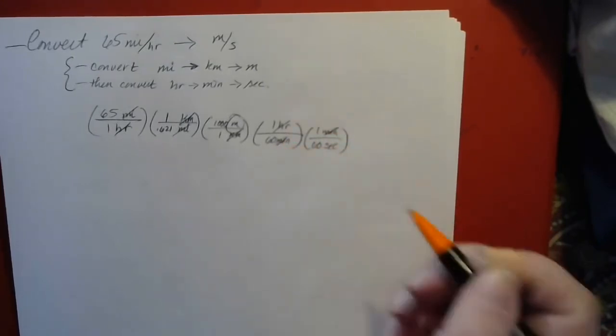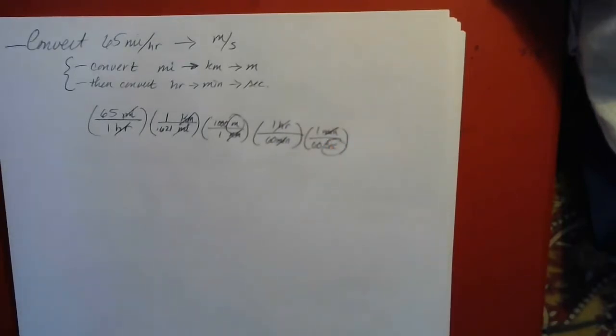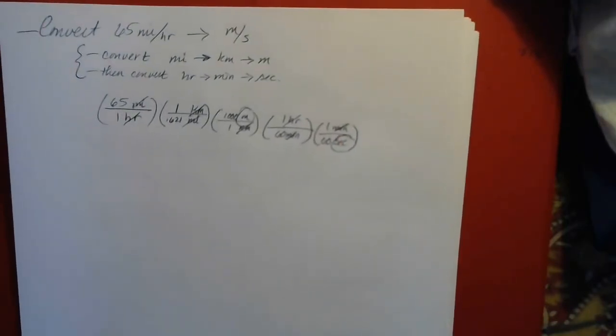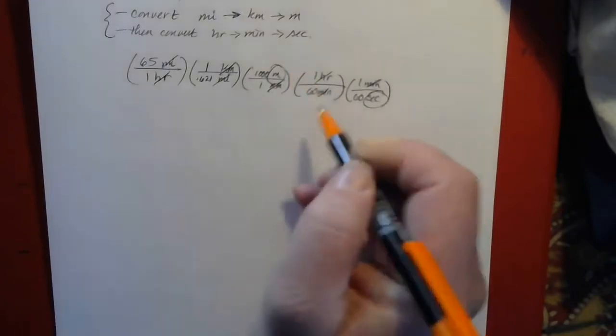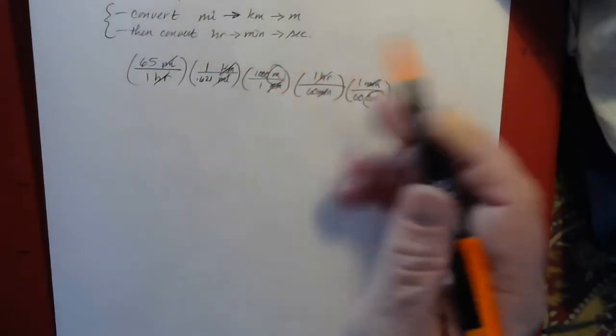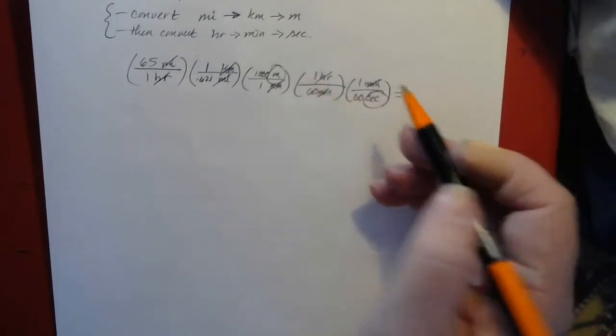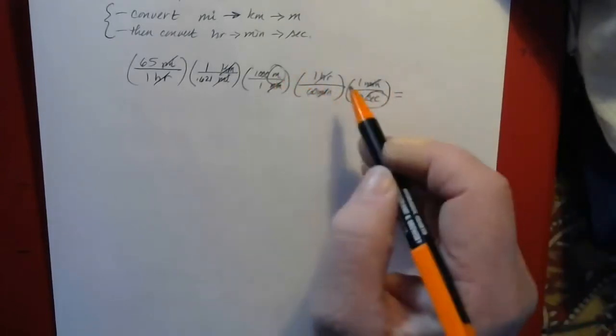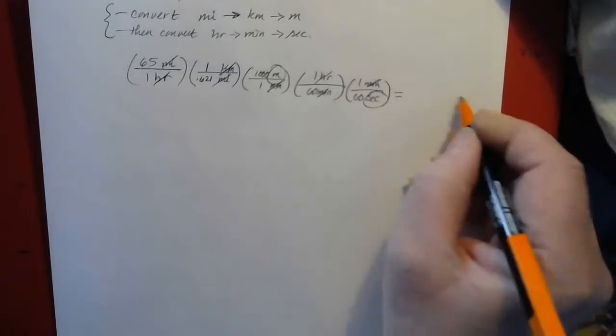Now minutes cancel, and we've got the denominator unit to be what we want it to be, which is seconds. So now when we work out the answer, we're going to have units that are, well, the only units that haven't canceled out yet, meters in the numerator and seconds in the denominator.